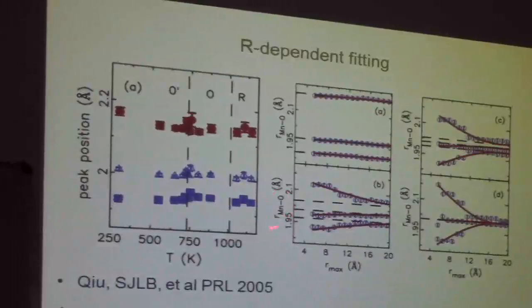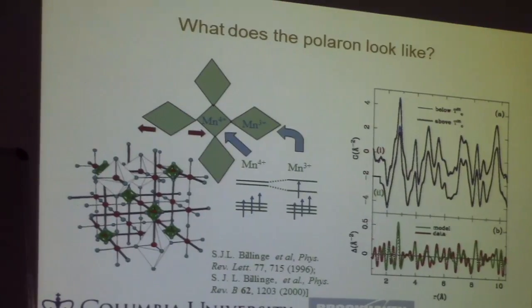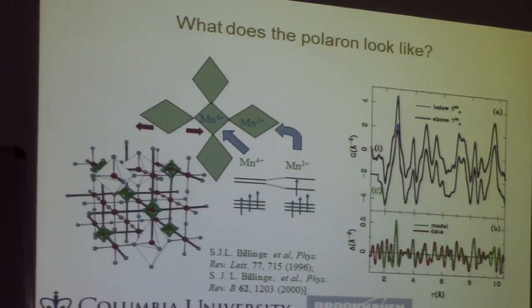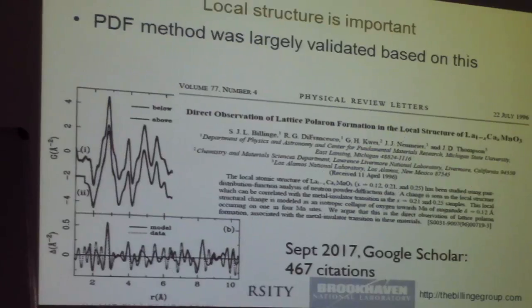Now I'm going to plot not bond length versus temperature, but bond length versus the R range that we're fitting. We become dominated by the high R structure, and the high R structure has no distortion, while the low R structure does have a distortion.